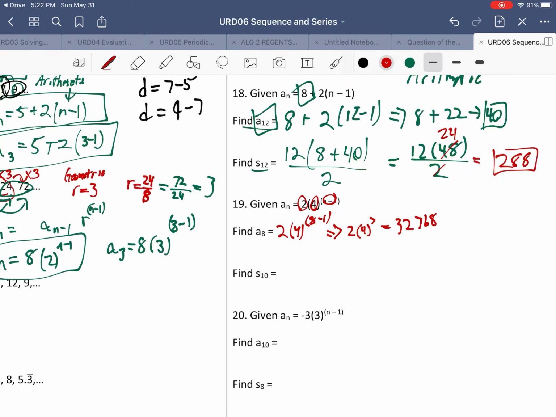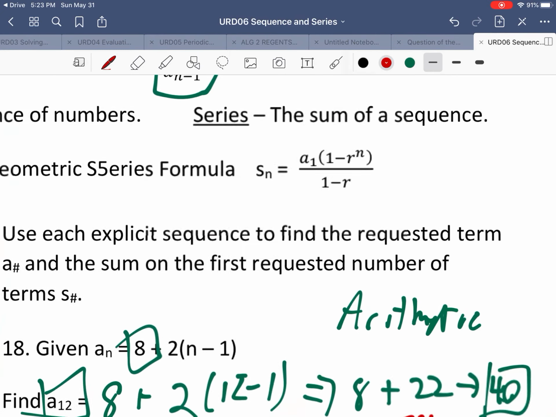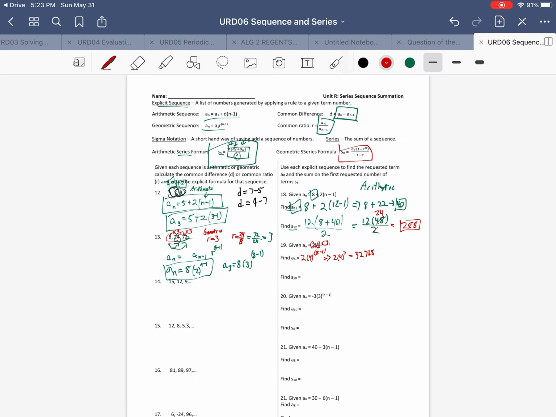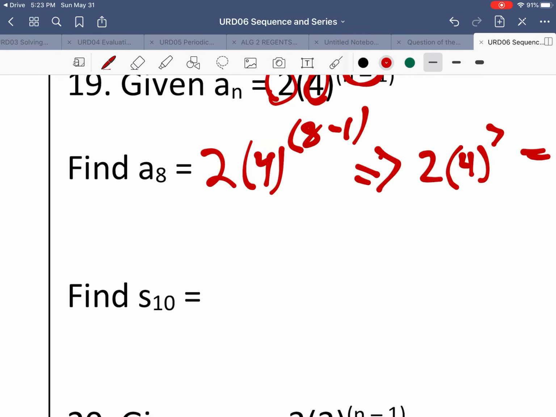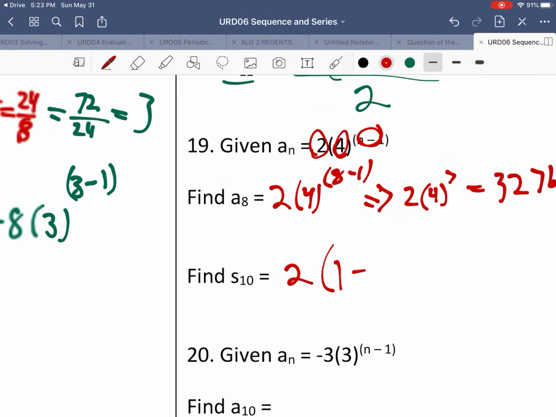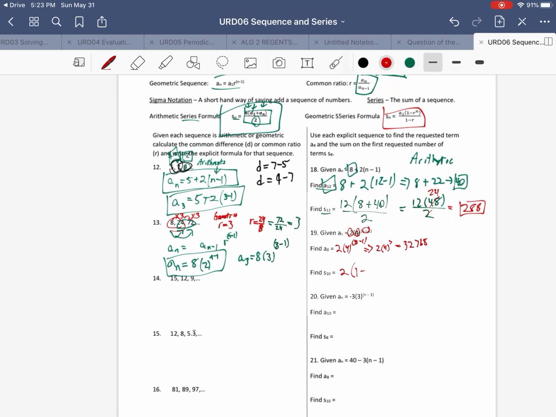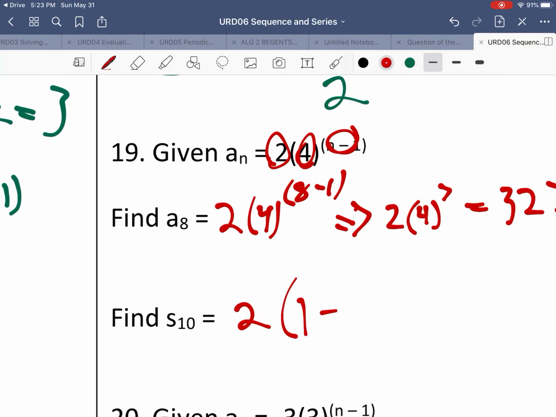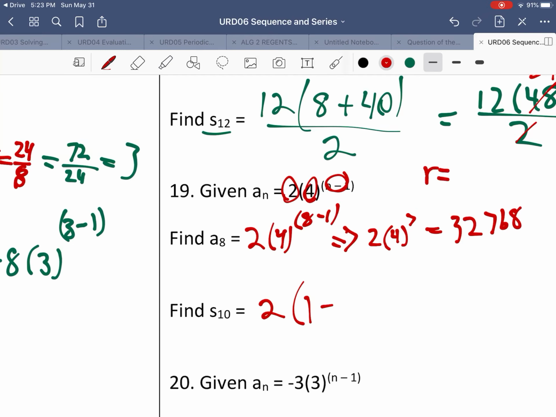You won't really be asked to find the sum of a geometric sequence for too many terms because they're really big. Now, unlike in the arithmetic sequence where you need to know what the last term is, we don't need to know the last term for the sum of a geometric sequence. You just need to know the first term and its common ratio. So to find the sum in this case, I need to know that the first term is 2. I need to multiply by 1 minus the common ratio, which in this case was 4, so r was 4.